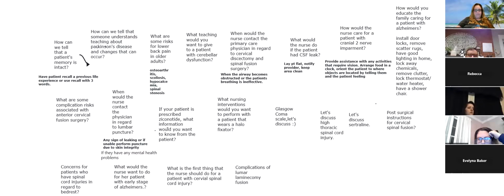With the changes that occur with Parkinson's, you'll have muscle rigidity, they shuffle when they take steps, they develop tremors. Yeah, I went very blank. That's very good.